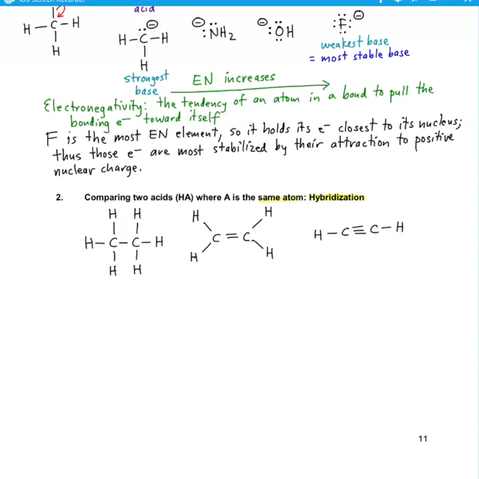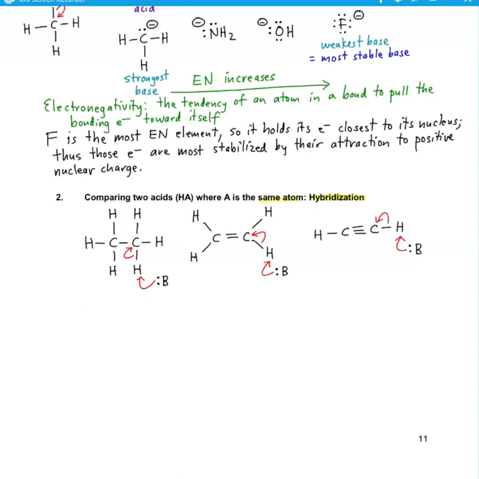So just like we did before, let's just take a base and use it to draw a mechanism to remove a proton from each of these acids. Now I'm removing these protons, but in each of these structures, it doesn't matter which of the protons you remove. You're going to get to the same result.